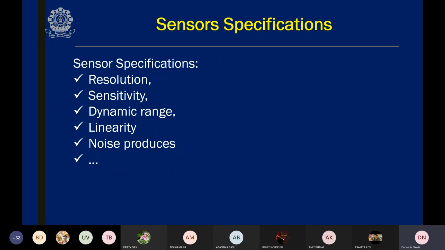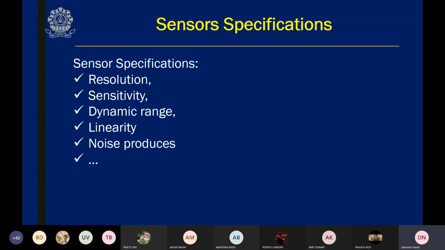So a small change of input signal will give a higher change of output signal. That will increase the dynamic range and sensitivity. And resolution also will increase somehow due to this.